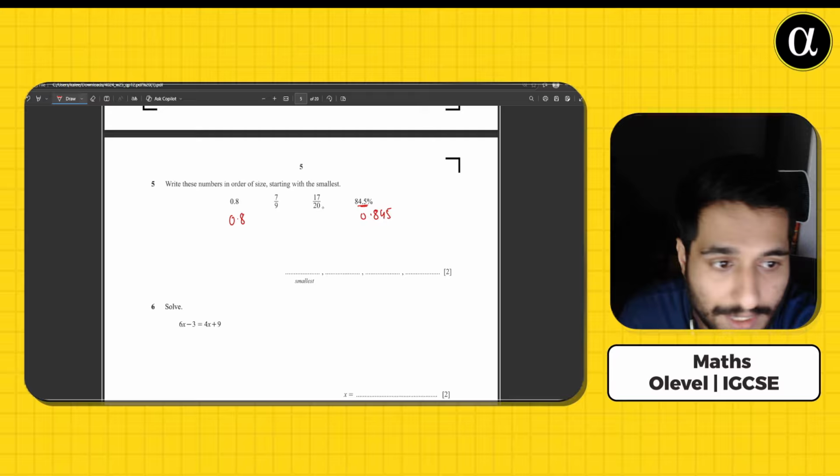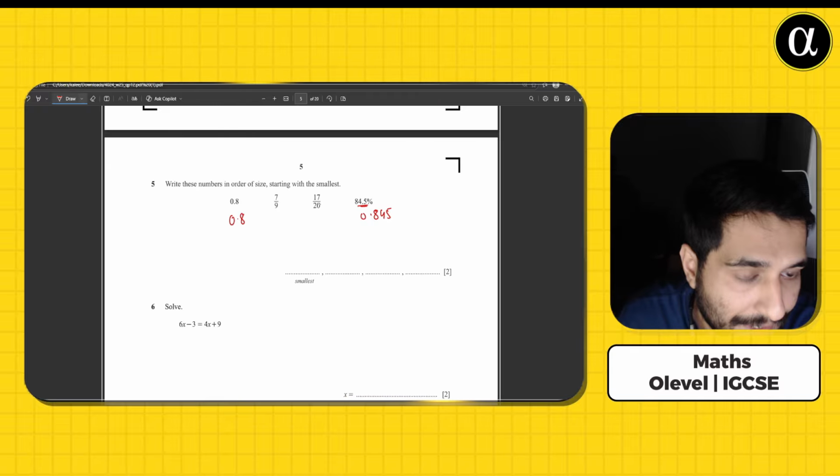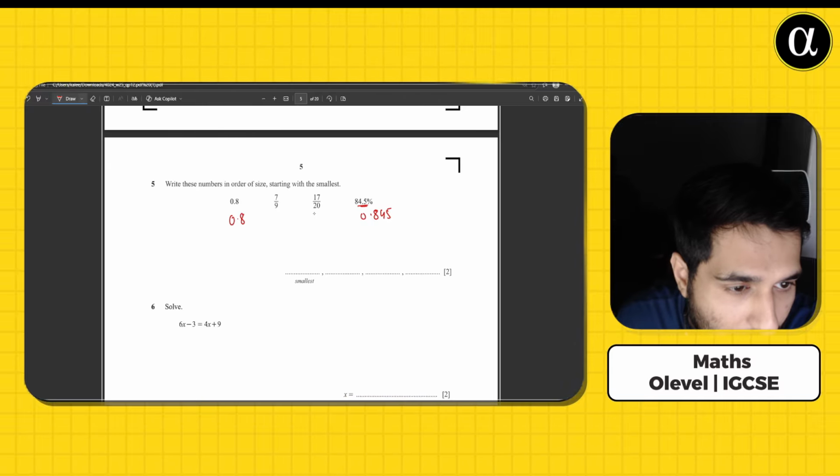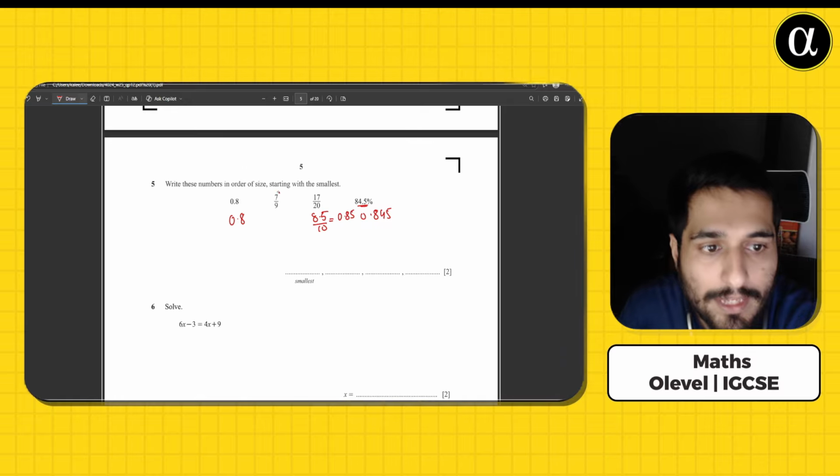When 17 over 10 is divided by 2, it gives us 8.5 over 10, so that we can convert it easily, and this would become 0.85. All right, now how do we convert 7 over 9?